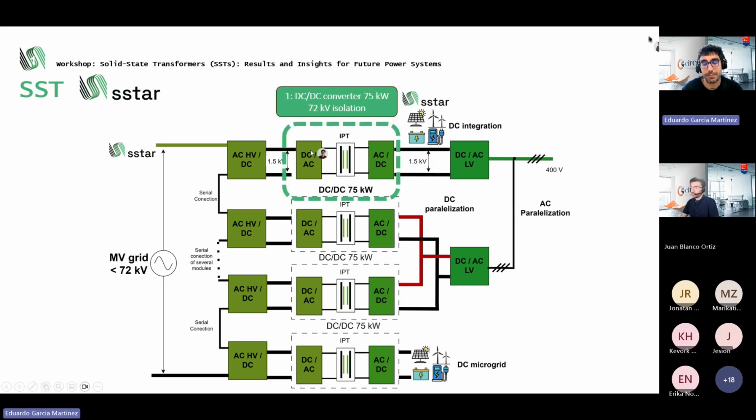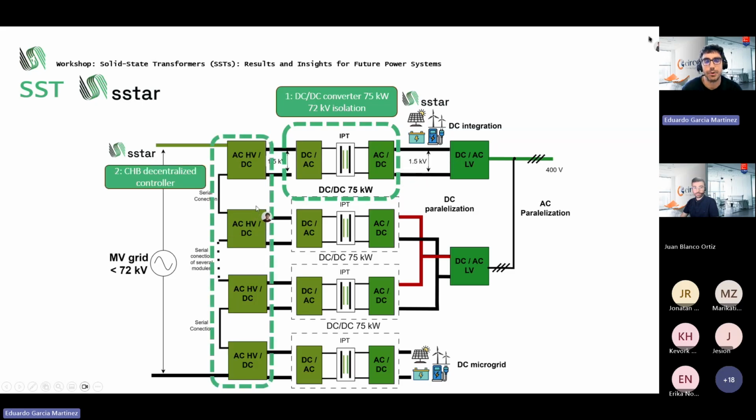We have developed this DC-DC converter of 75 kilowatts with 72 kilovolts of isolation, and that is one of the main points of the project. It means that the medium frequency transformer that we have used, an IPT that my colleague Juan will explain later, gives us the possibility of 72 kilovolts isolation from one side to the other side.